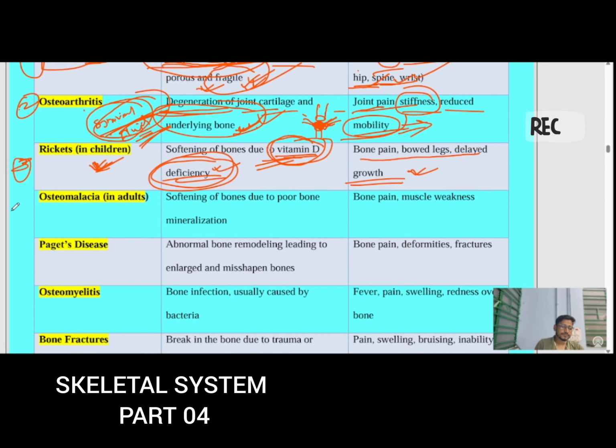Osteomalacia is the other type, found in adults. That means in children we find rickets, and in adults osteomalacia. It is softening of the bone due to poor bone mineralization.